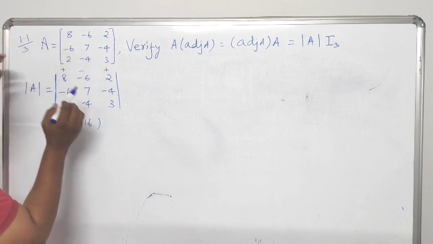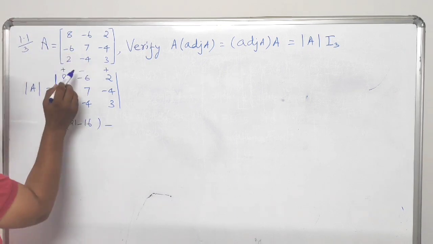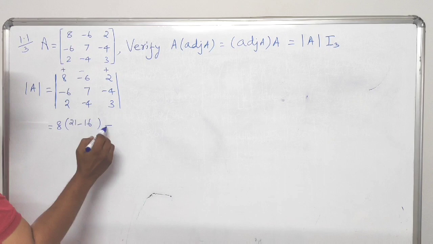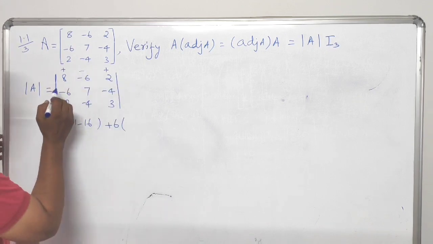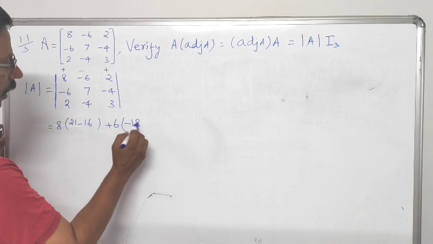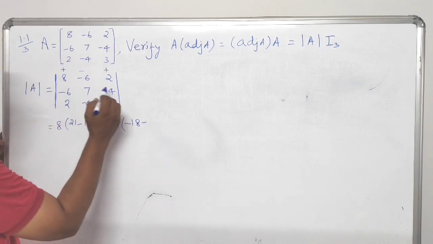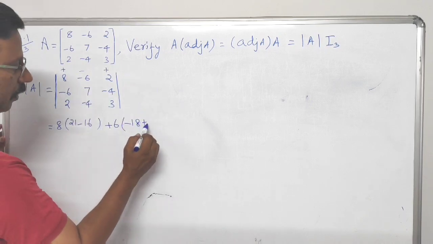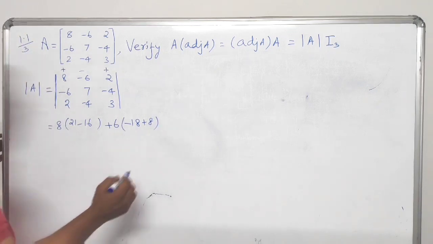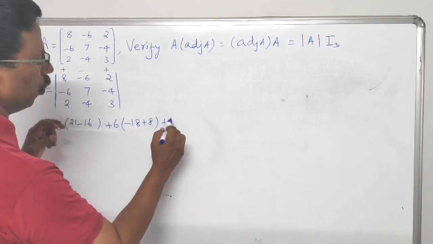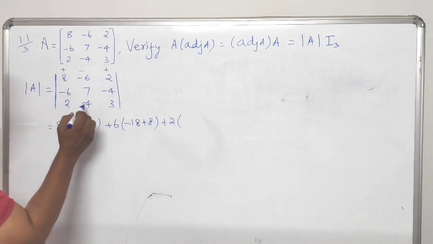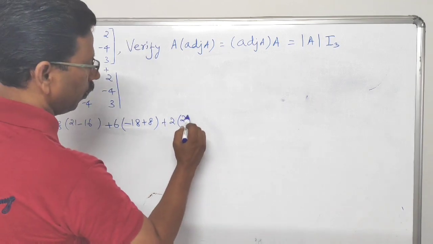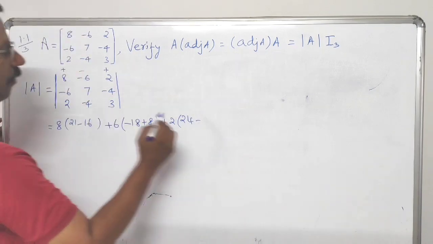Then minus, there is a minus of minus 6 which gives plus 6 into, leave this row, this column: minus 6 into 3, minus 18, then minus 2 into minus 4, minus 8, minus of minus 8 becomes plus 8. Now after that plus 2 into, leave this row, this column: minus 6 into minus 4 gives 24, then minus 2 7s are 14.